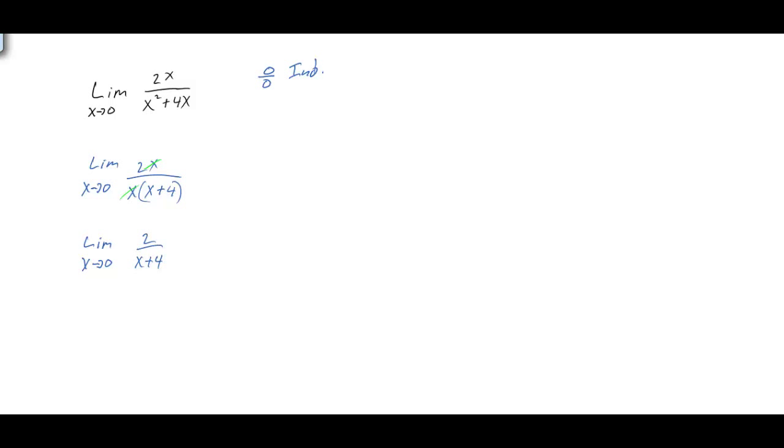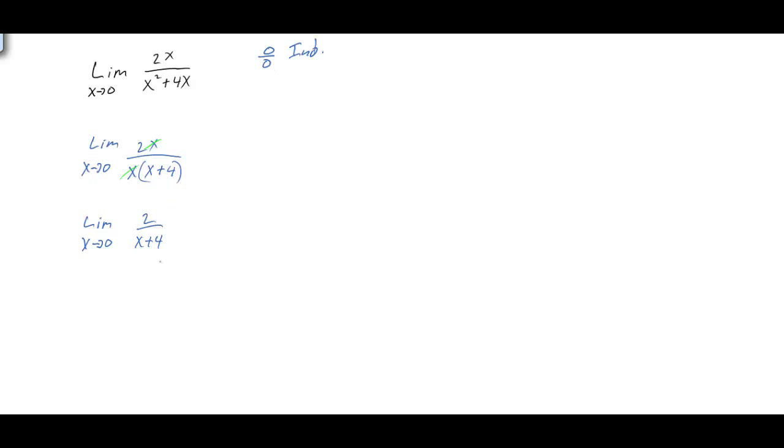And now we can use our direct substitution. If we plug 0 in, we get 2 over 0 plus 4, which equals 2/4, or simply 1/2. So hopefully you're seeing that if you get this indeterminate form of 0 over 0, we can try to factor and cancel out what's causing the 0 in the denominator, and then we can use direct substitution.